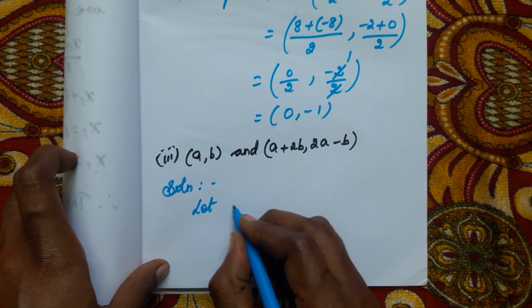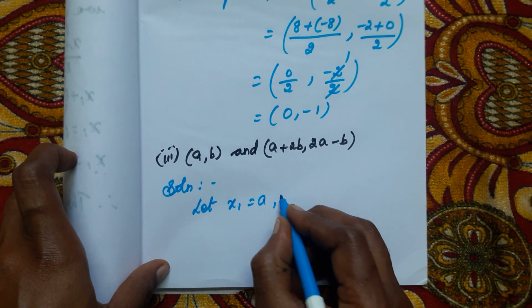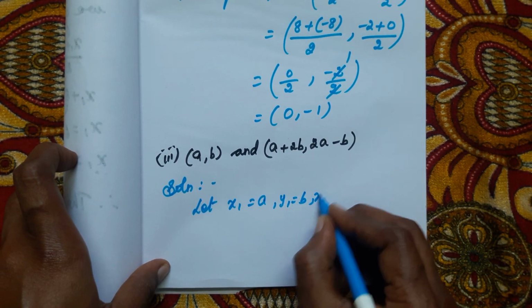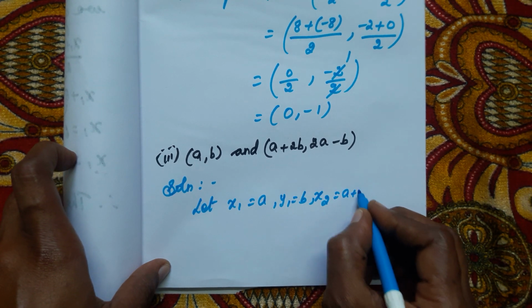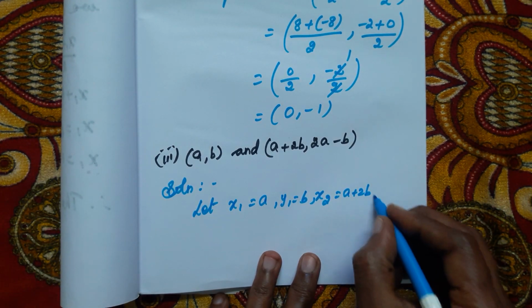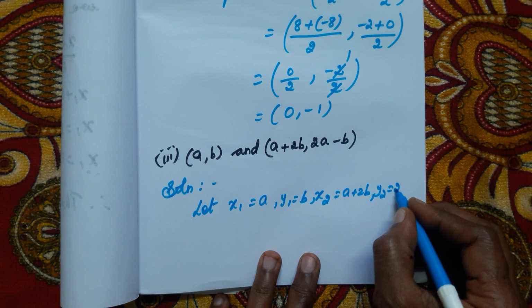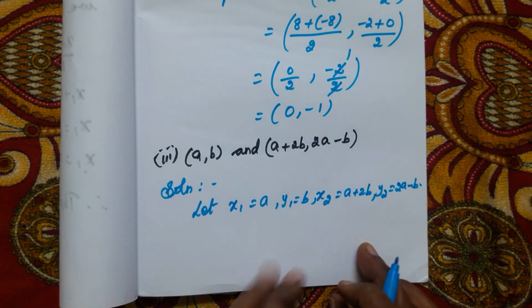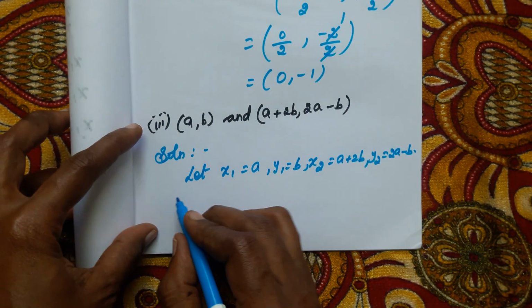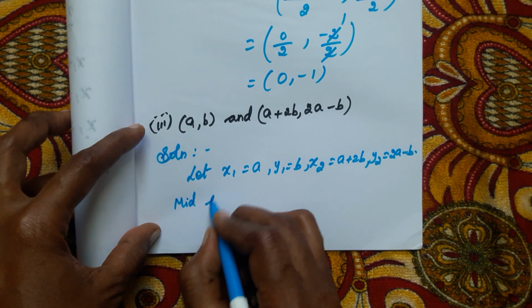Now I am taking let x1 is equal to a, y1 is equal to b, x2 is equal to a plus 2b, y2 is equal to 2a minus b. Next, what's the formula for midpoint M?